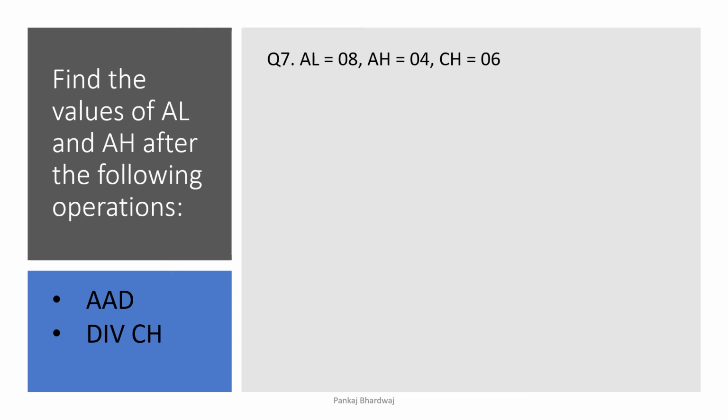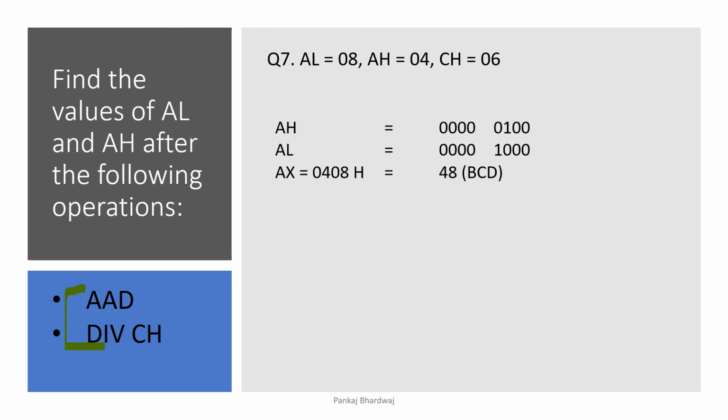And we need to follow the instructions, that is AAD and DIV CH. Now this AAD is basically ASCII adjust before division. So before we divide the data, we need to adjust it in the form of ASCII digits or BCD digits, so that we can easily divide and store the results in quotient and remainder form in different registers.